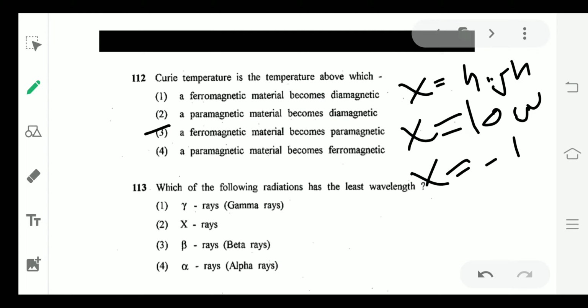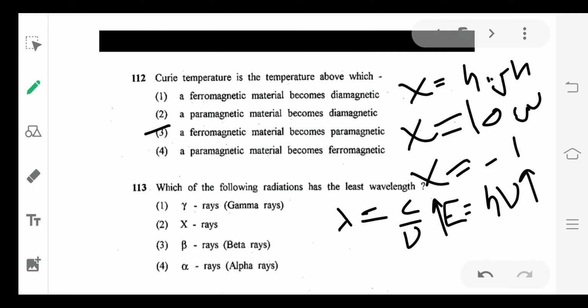So next is, which of the following radiation has the least wavelength? Remember one thing, that wavelength is inversely proportional to frequency. Lambda is equals to c by nu. Here c is the velocity, nu is the frequency, and lambda is the wavelength. And since we know that energy is equals to h nu, high energy means the frequency is also high.